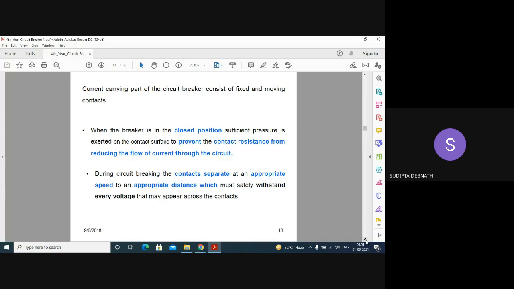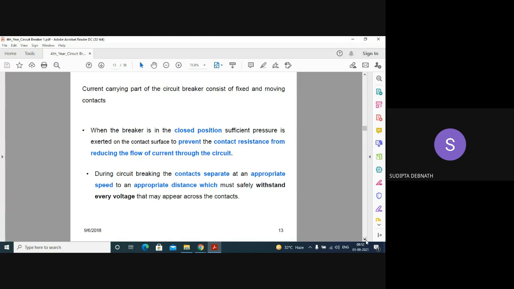During circuit breaking, the contacts separate at an appropriate speed. It is not possible that the contacts are separated at very high speed; there should be some optimization, because there are both advantages and problems. It is advantageous if the moving contact separates from the fixed contact at a very high speed, then only the current will be interrupted.